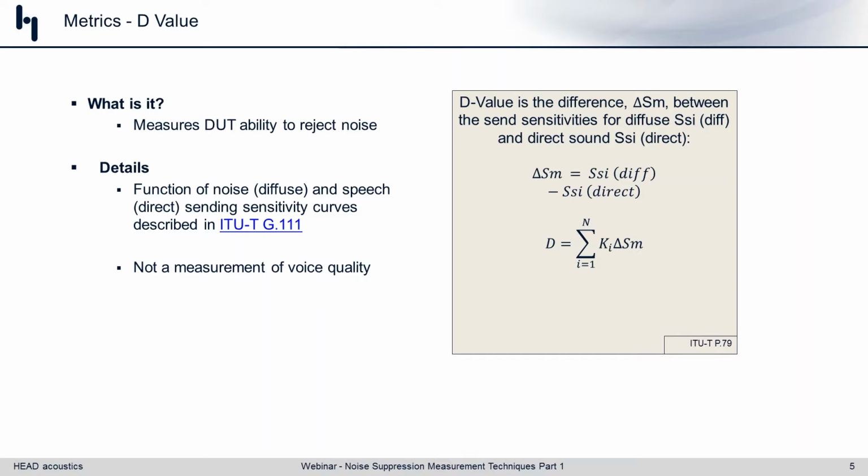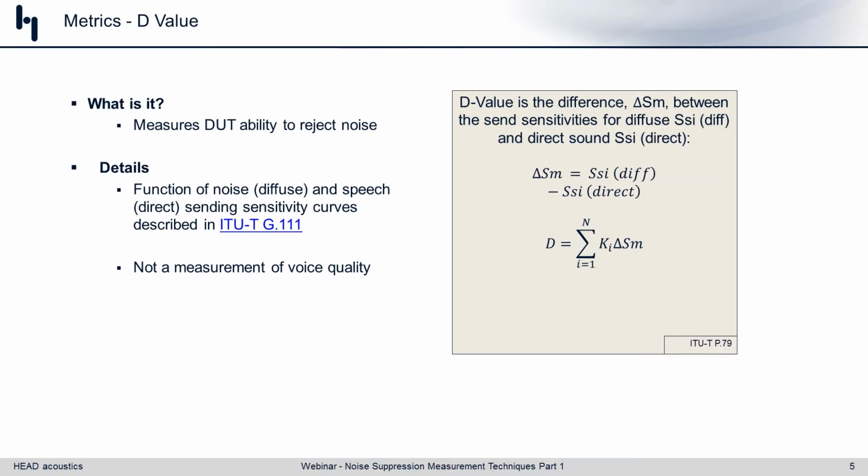So the microphone in the handset would be firing right into your mouth and picking up whatever speech came from your mouth while physically acting as a blockage to outside noise. For that, we would say there's a lot of potential noise rejection in the physical shape and design of that handset, and that's where D-value comes into effect.